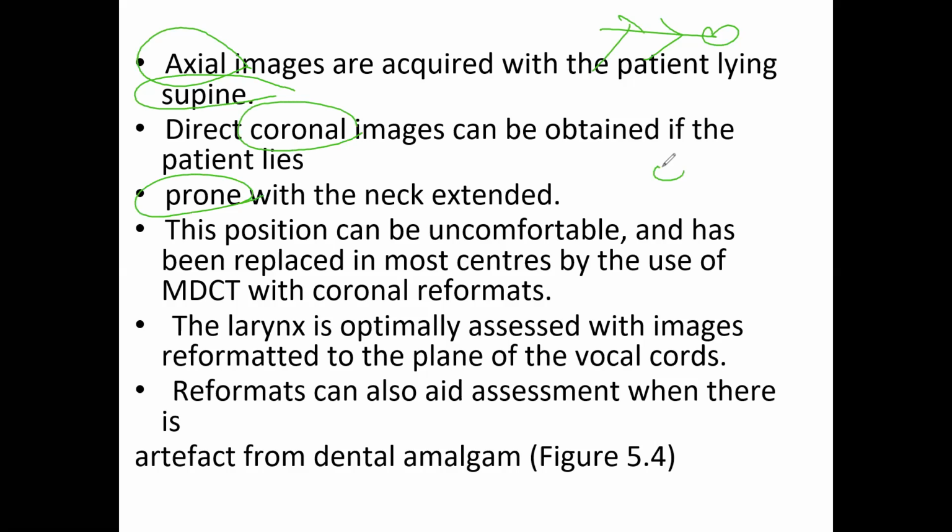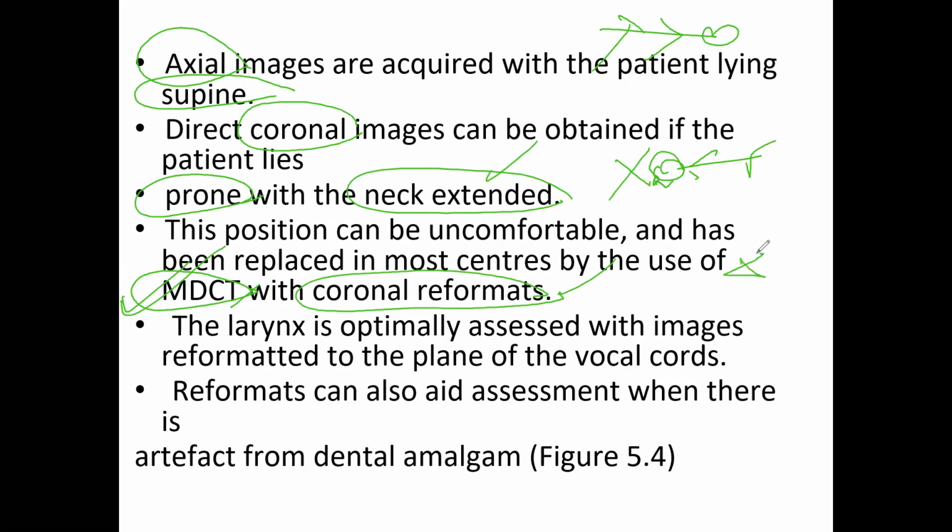When the patient is prone like this, with the eyes like this and the head like this, you can get the coronal images, but the neck has to be extended. So this is not a feasible one. Therefore, most centers have multi-detector CT scans with coronal reformats. Coronal reformats will reformat everything, and you can see that.